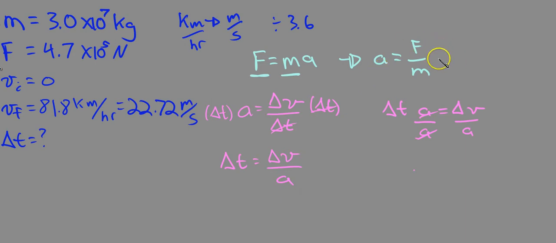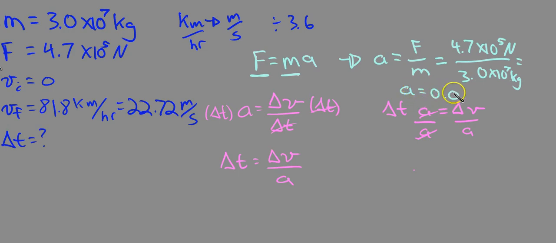So back to here, my acceleration is going to be 4.7 times 10 to the 5 newtons divided by 3.0 times 10 to the 7 kilograms, and I'll get an answer in meters per second squared. My acceleration is going to be 0.0157 meters per second squared.